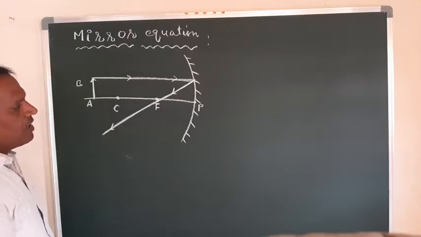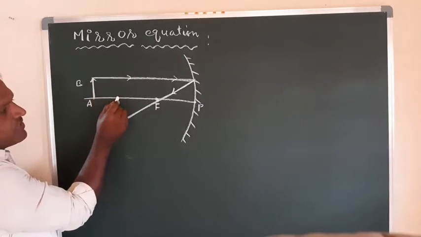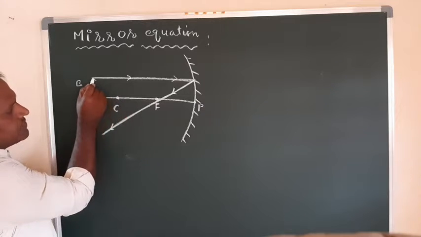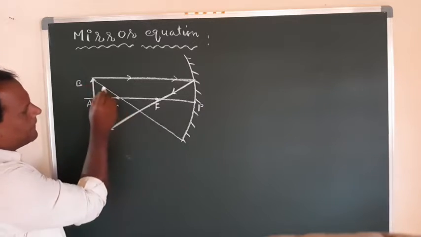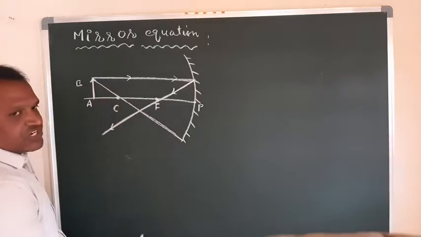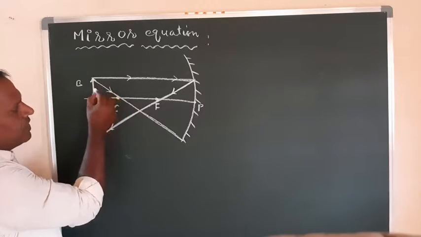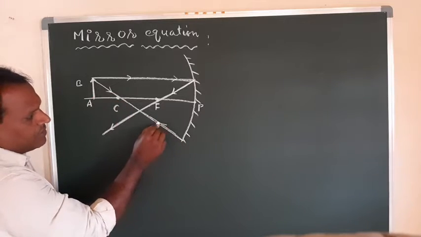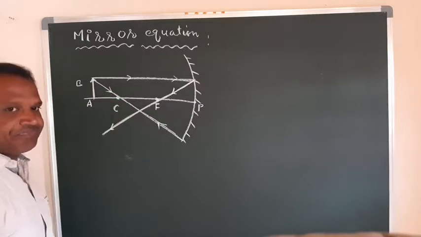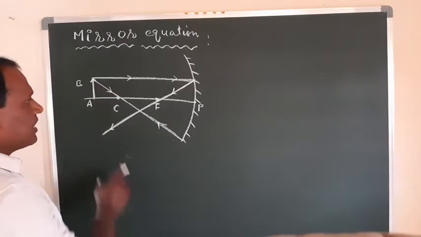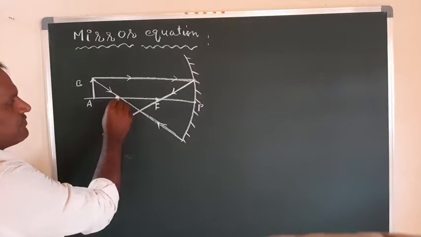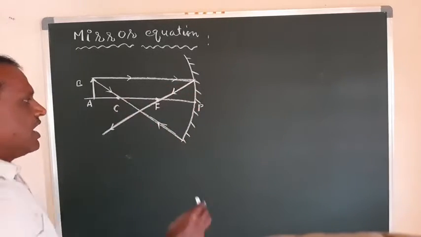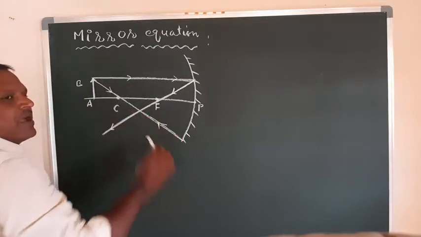And one more ray I am drawing here, the ray which passes through the center of curvature, that is, through C. This is a straight line, and when it propagates from the center of curvature and meets the mirror, it retraces back. Whenever any ray of light passing through the center of curvature meets the mirror, that ray is reflected back along itself.